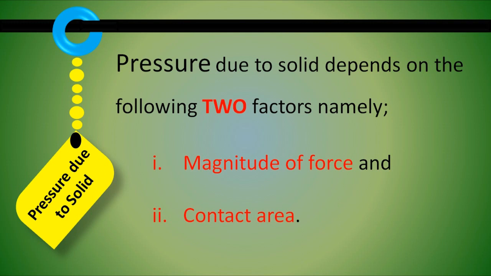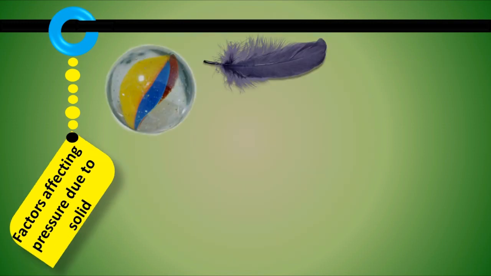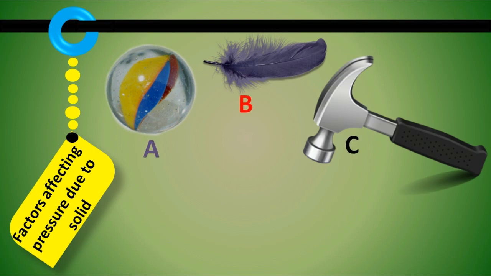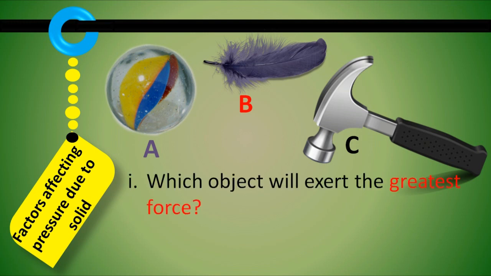To understand how these two factors affect the pressure exerted by solid, let us consider a few examples. First, you're given these three objects A, B and C. It's very clear that these objects have different weight, thus they will exert different force, right? Alright, from this diagram, which object do you think will exert the greatest force?